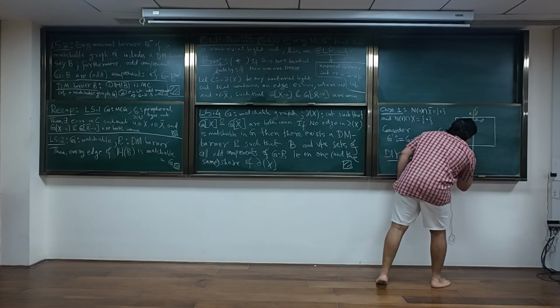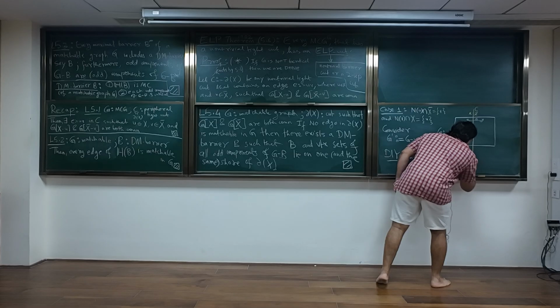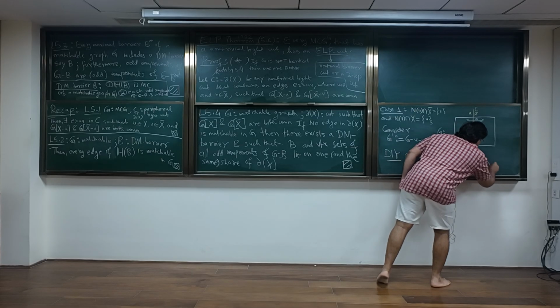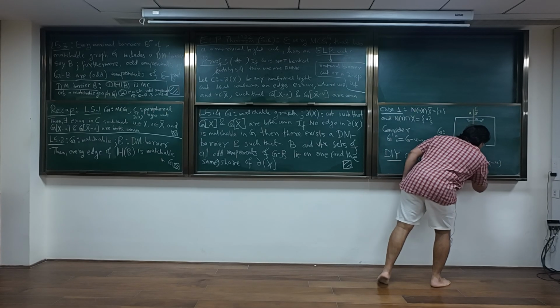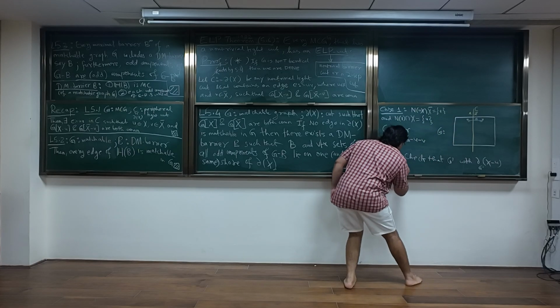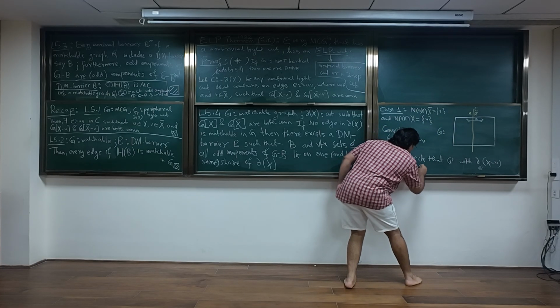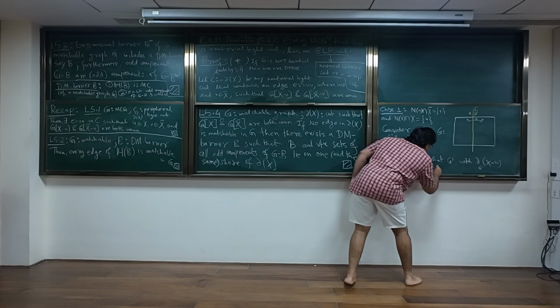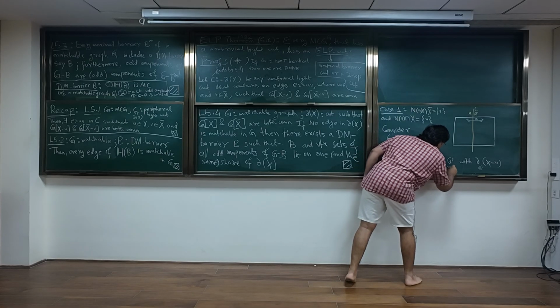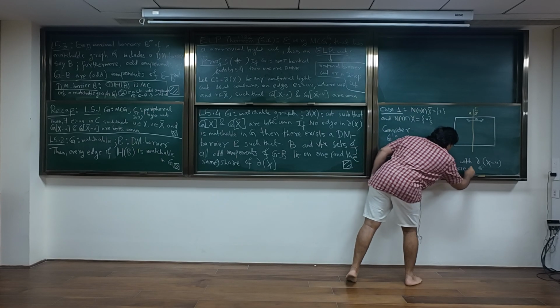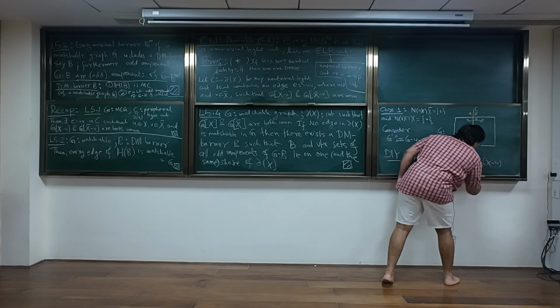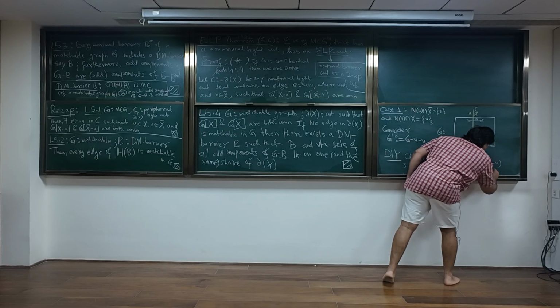Check that G prime with partial of X minus u in G prime satisfies the hypotheses of Lemma 5.4.